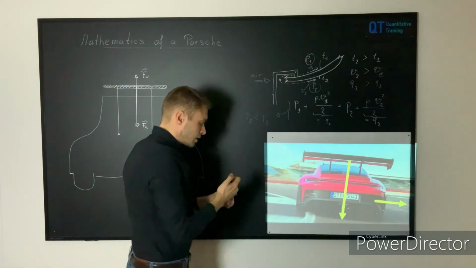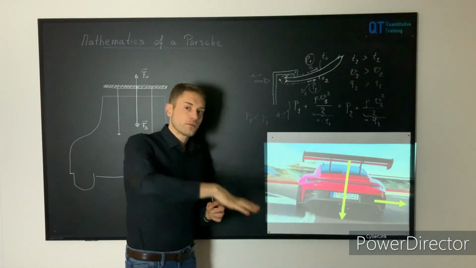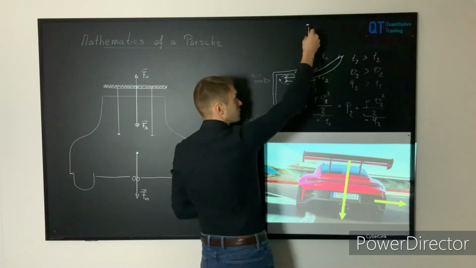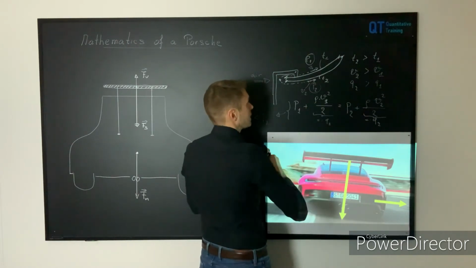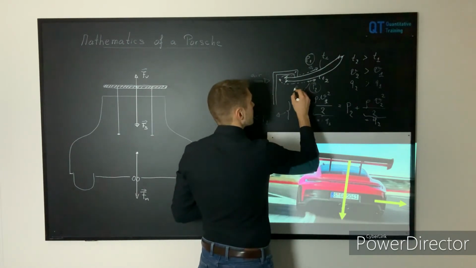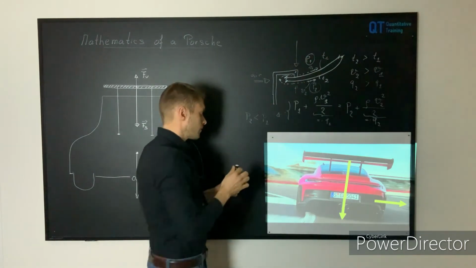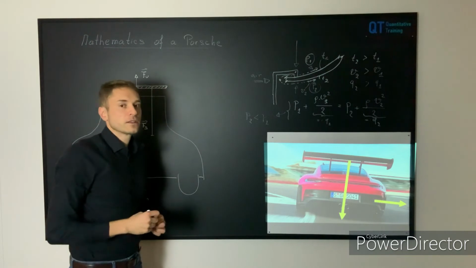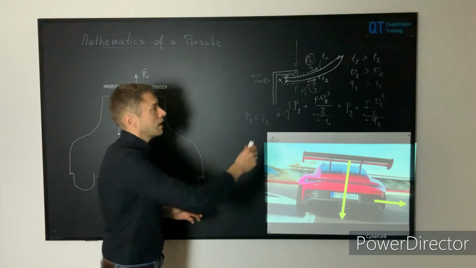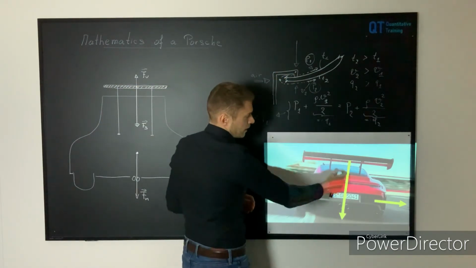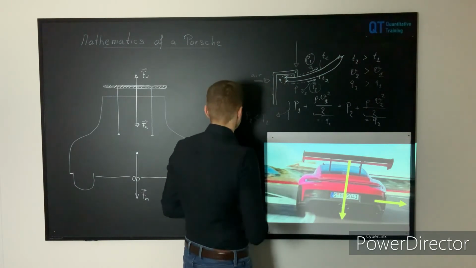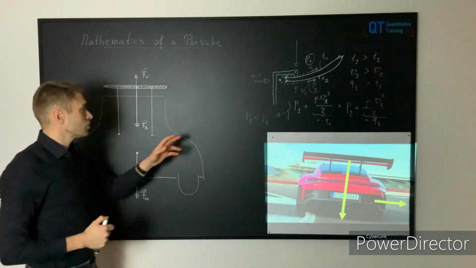That creates an effect of downforce, because the pressure from this side is stronger than the pressure on this side. The P2 is this and P1 is this, so the sum of these two forces makes a net force that goes down and pushes the car down, like I drew here in this picture. That's the explanation of this force.